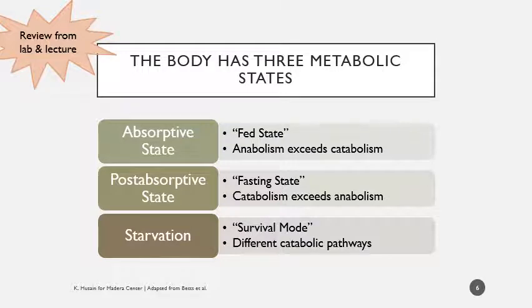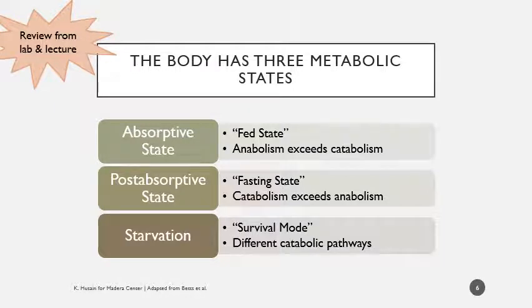That being said, in absorptive states, you always have catabolism happening too. It's just that anabolic processes are outweighing it. And in post-absorptive states, you also always have anabolic processes happening. It's just looking at this big picture and thinking, what's the relative ratio? What's really outweighing or dominating in the situation?